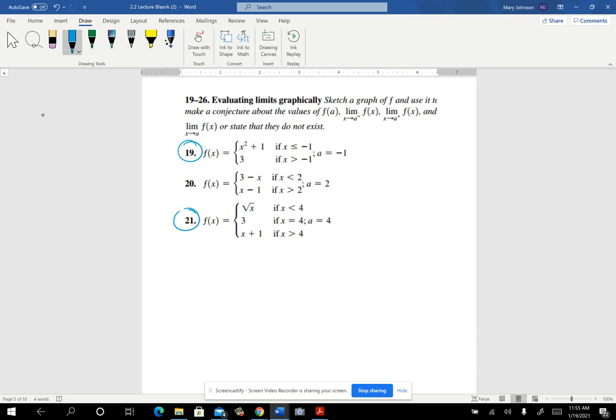And so when you're doing these, you've got these 2 rules. One of them on that first problem, you use when your x's are less than -1, and then you use the bottom rule when x is bigger than -1. And the a equals -1 comes into play after we have the graph. We're going to consider the 3 limits.